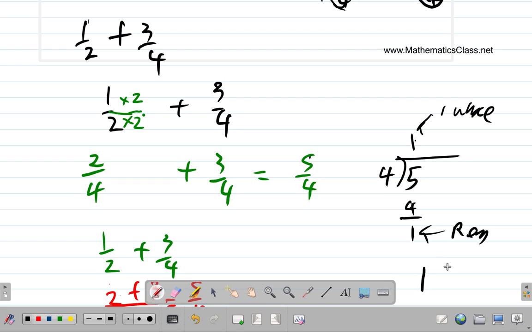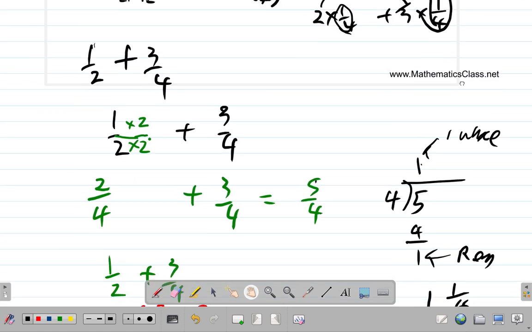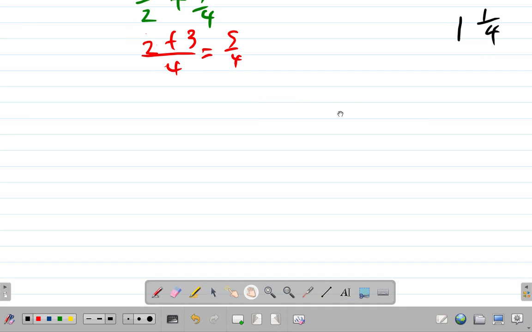So it's 1 and 1 out of 4, 1 1/4. So 5 over 4 is 1 1/4. You see? Alright, so that is one example when you add 2 fractions.